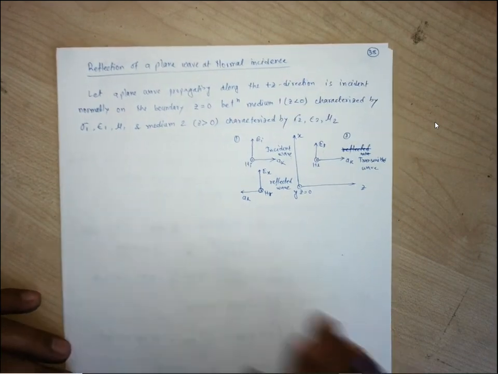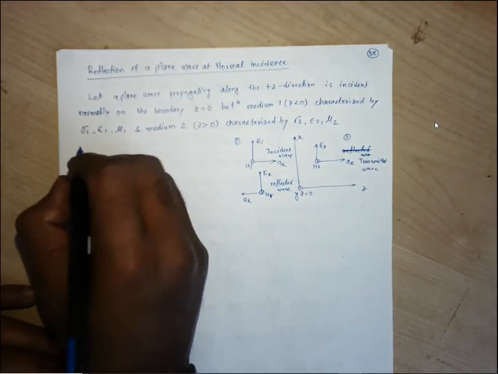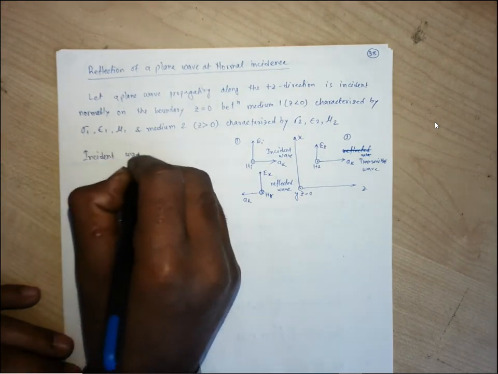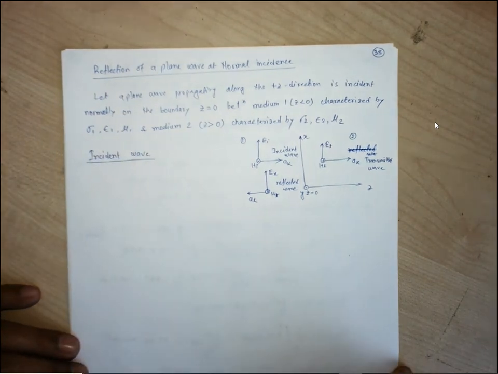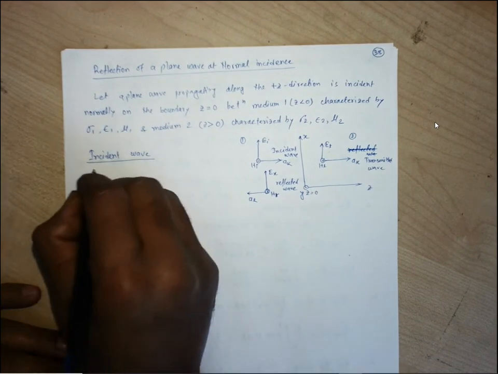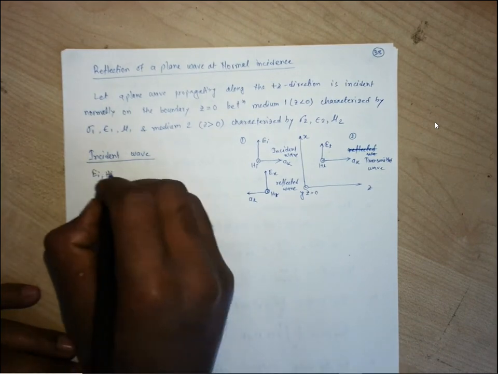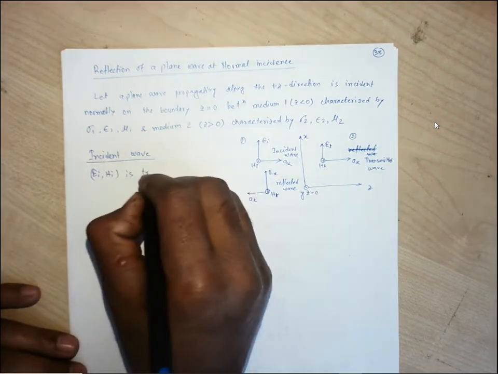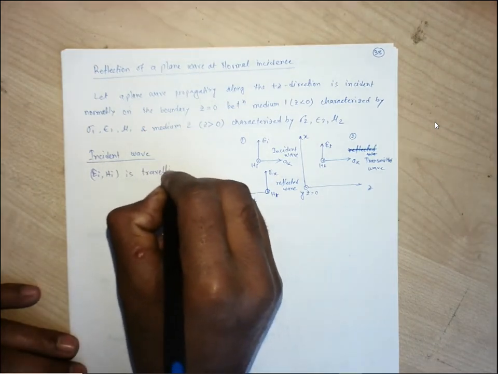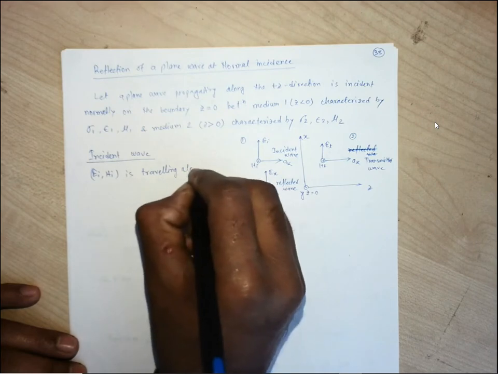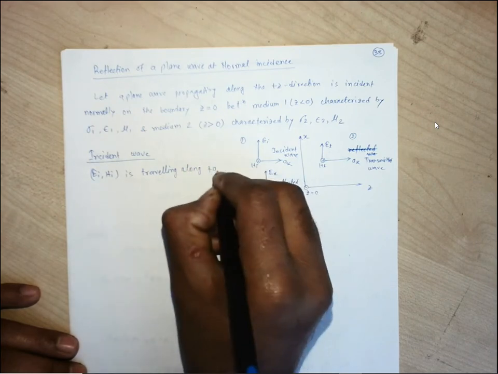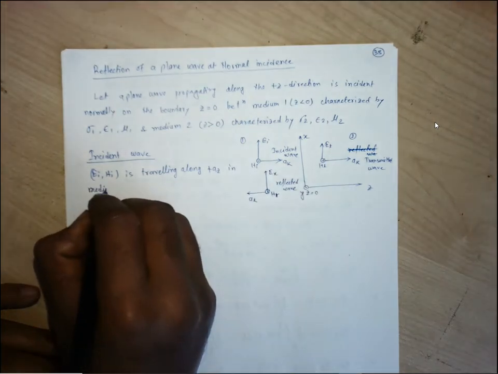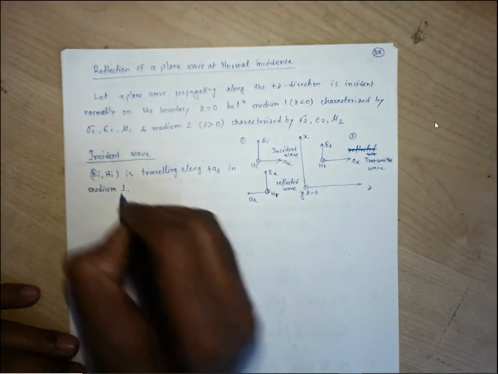Now let us categorize these things. Let us go with the incident wave first. EI, HI is traveling along plus az in medium 1.